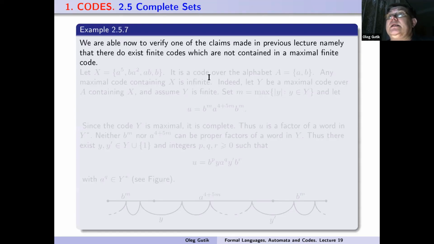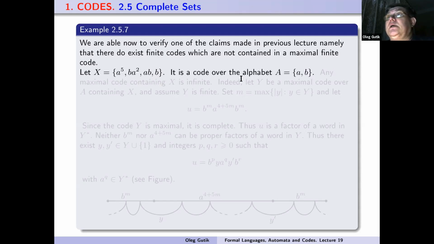So, example. We are able now to verify one of the claims made in the previous lecture, namely that there do exist finite codes which are not contained in a maximal finite code. Let X consist of the following words: a^5, ba^2, abb.